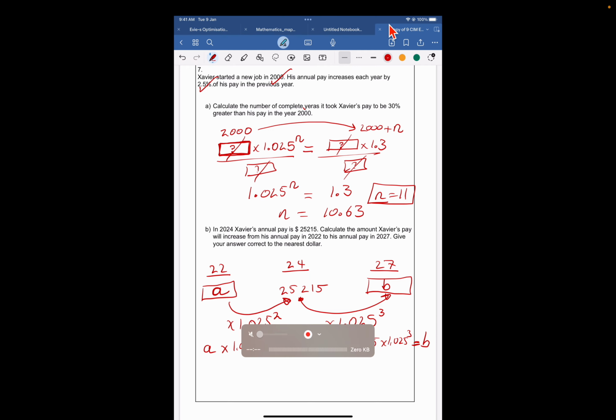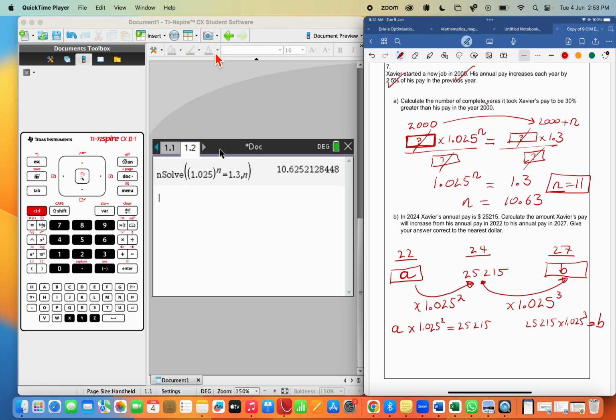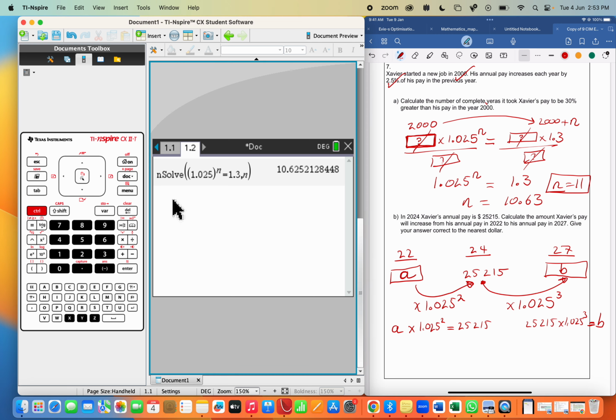Okay, I'll just reach for our calculator again, and so we've got 25,215 times by 1.025 to the exponent of 3. Let's just write that down.